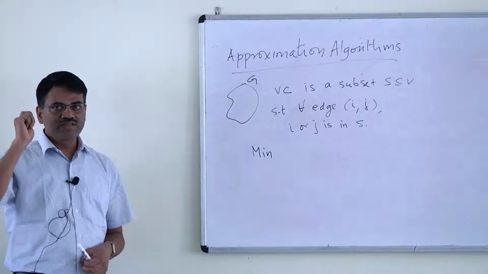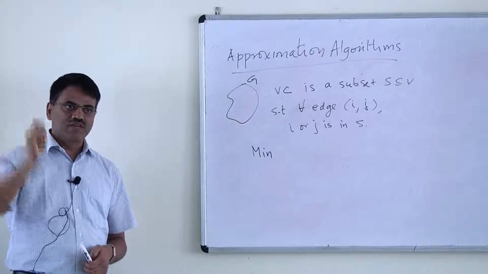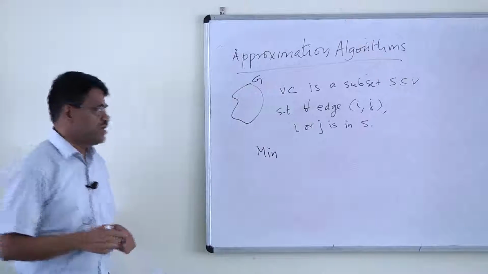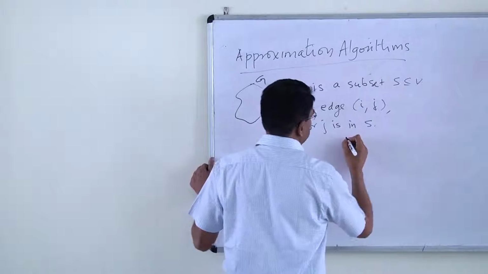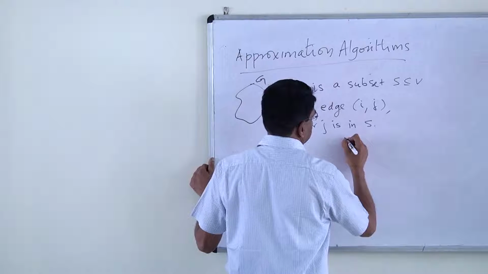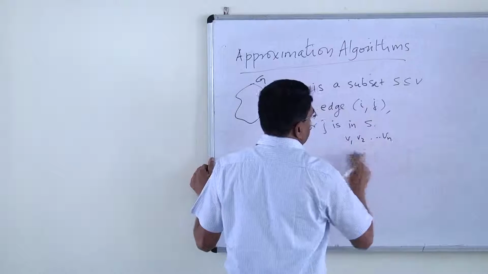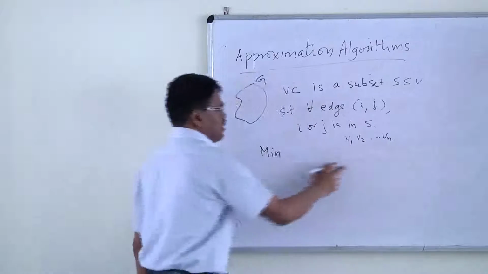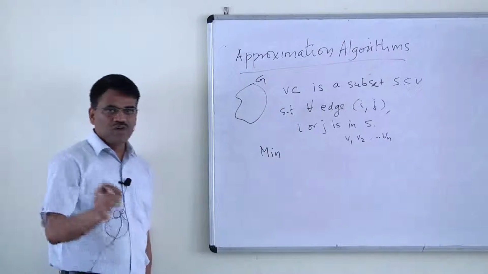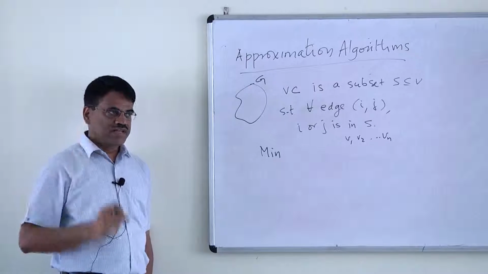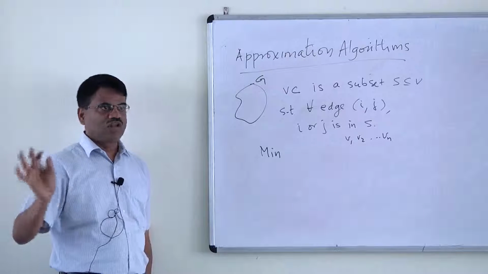The semantics is that 1 means that the vertex is in the solution, and 0 means that it is not in the solution. So my graph has n vertices, V1, V2, up to Vn. I decide to pick some of these vertices. If Vi is set to 1, it is included in the solution, and 0 means it's not included in the solution.